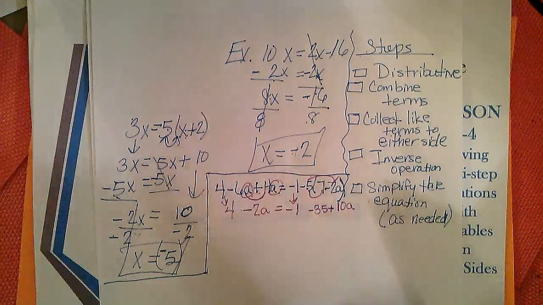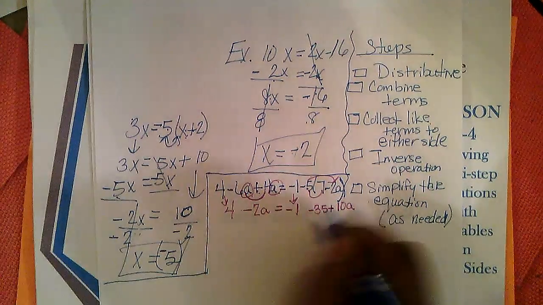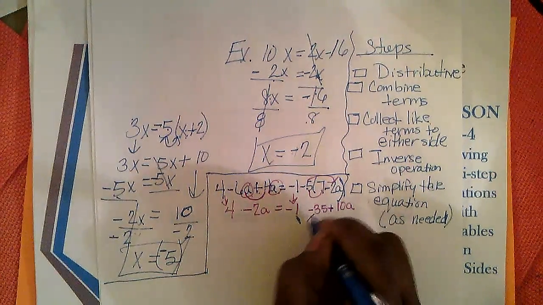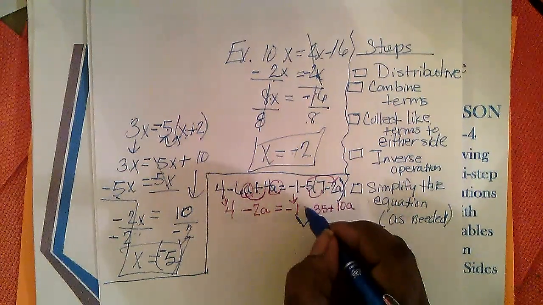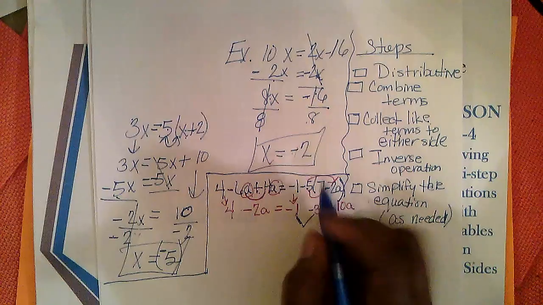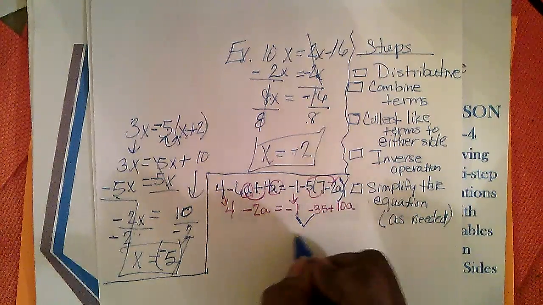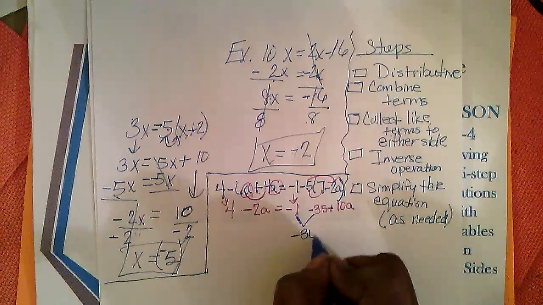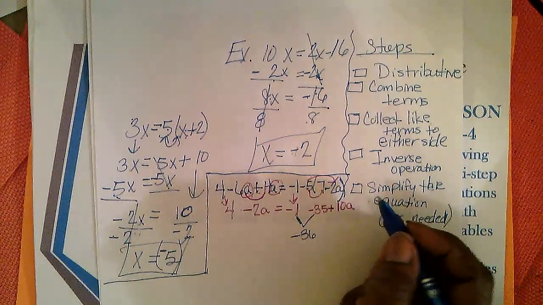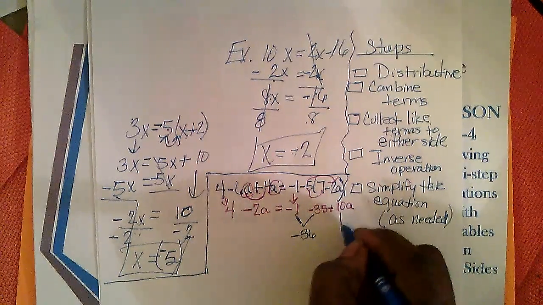All right, so we're going to combine like terms. Negative 1 plus negative 35 gives us negative 36. Then we bring down our 10a.